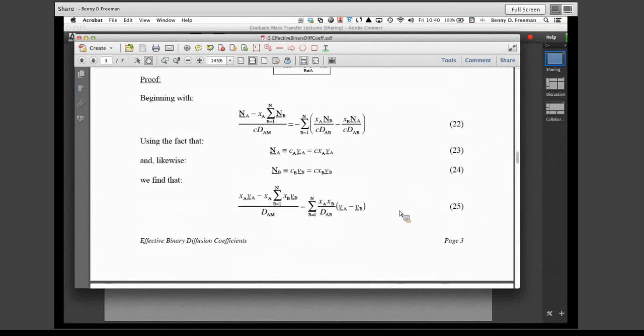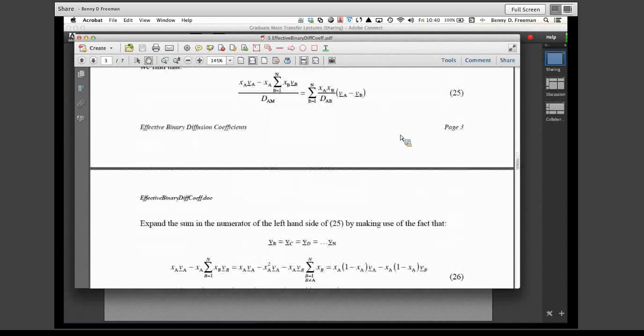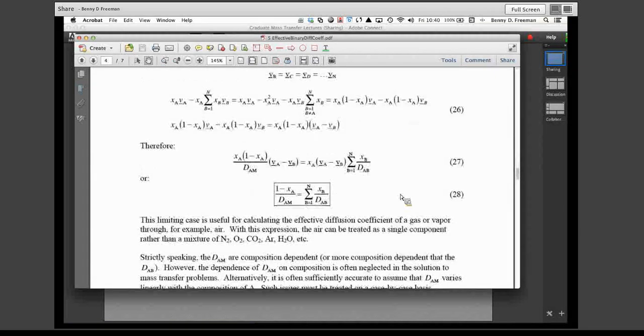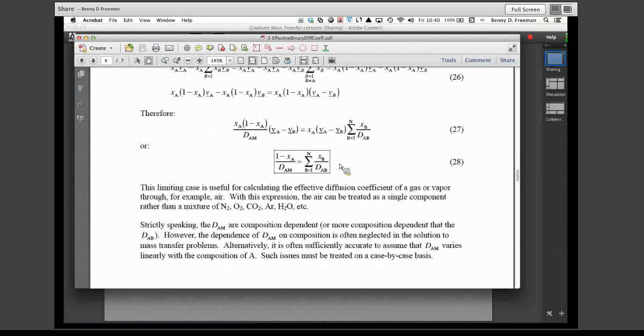And I won't belabor the definition or the derivation, just to get to the bottom line. This result is often useful, for example, to calculate the mass transport of a species of interest, for example, a pollutant diffusing through stagnant air.